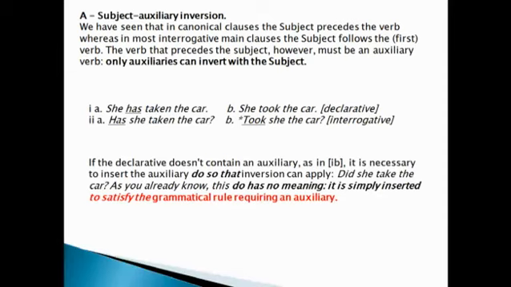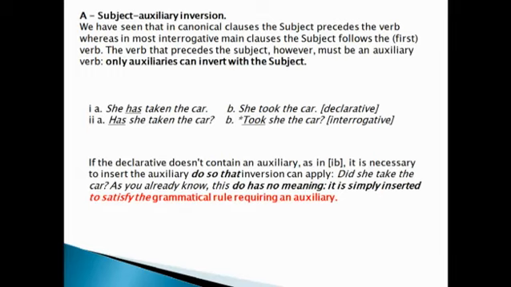So I'll skip the text and go straight to the examples. She has taken the car is the declarative. Has she taken the car is the interrogative, and not took she the car. So the inversion happens between has and she.